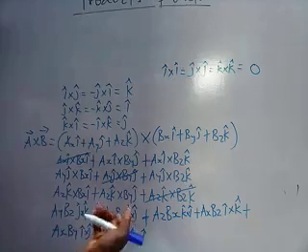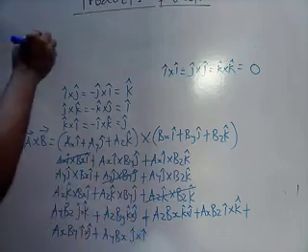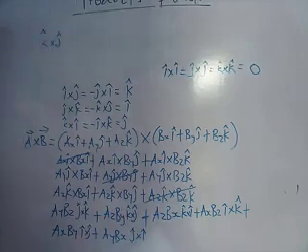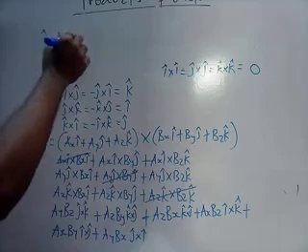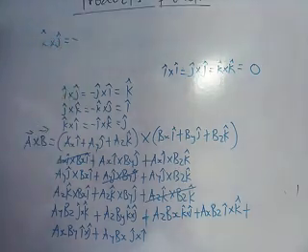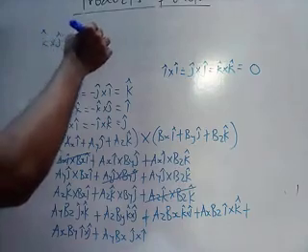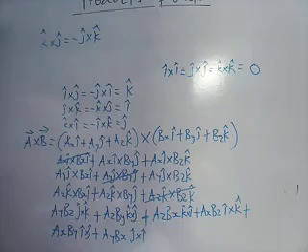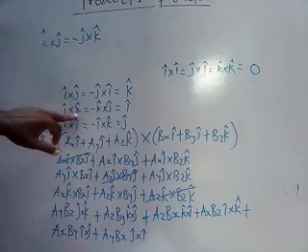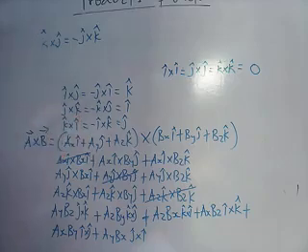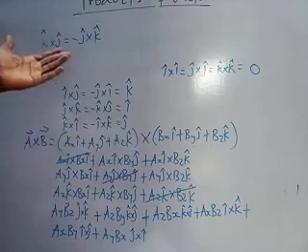If I'm to swap this, K cross J is what? Minus J cross K. Right? Okay, this one is JK. I'm sure you understand what I mean.